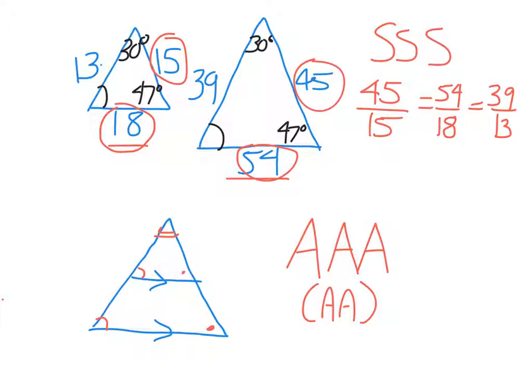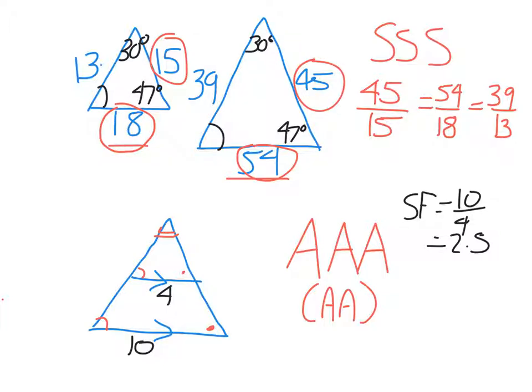So let's say that this side here was 4 and this side here was 10. Now, because I know that these 2 triangles are similar, then that means all sides will be in proportion, and the scale factor would be 10 divided by 4, which is 2.5. And I can use that to find some unknown lengths.